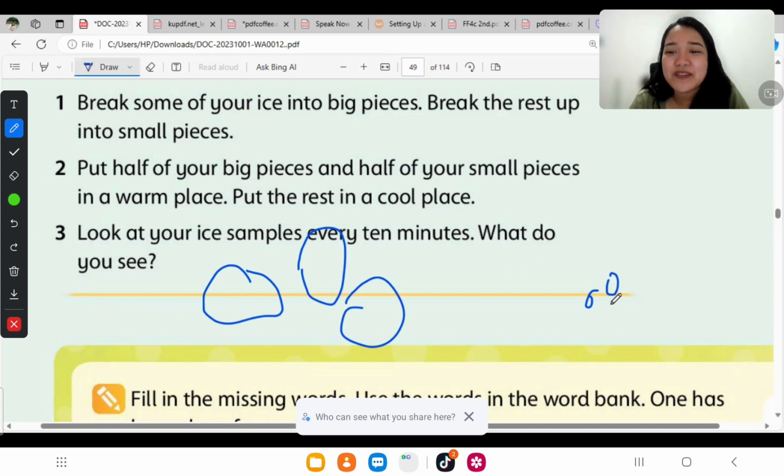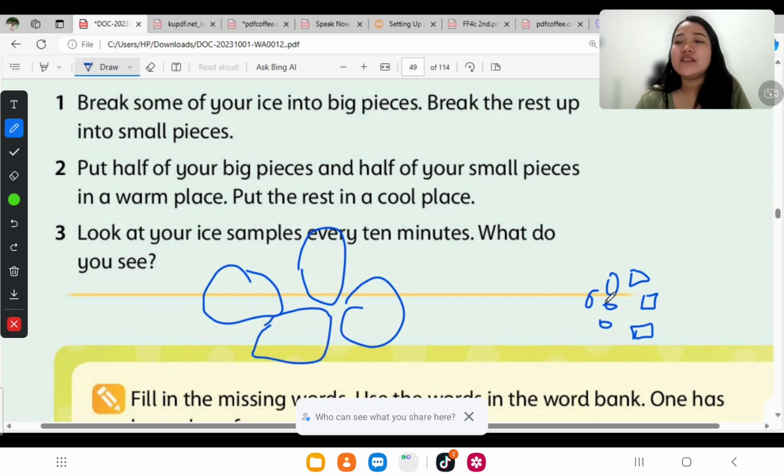There's a big ice and a small ice. This ice is a cube, like a square. Teacher doesn't really know how to draw, but for example, there's a big ice and a small ice, and you put that in a warm place.